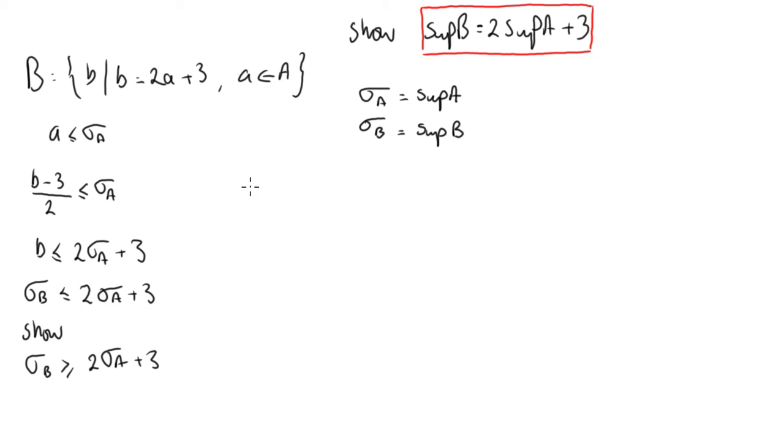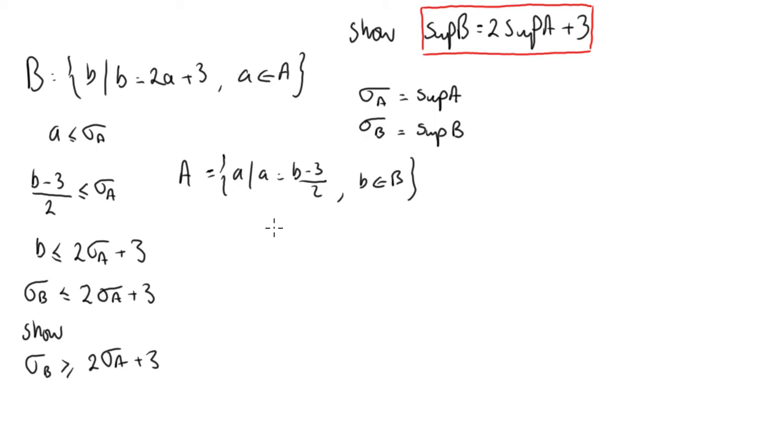What we're going to say is that A is the set of A such that A is equal to B minus 3 over 2, where B belongs to B. We're essentially just defining the set A relative to B, if you like.